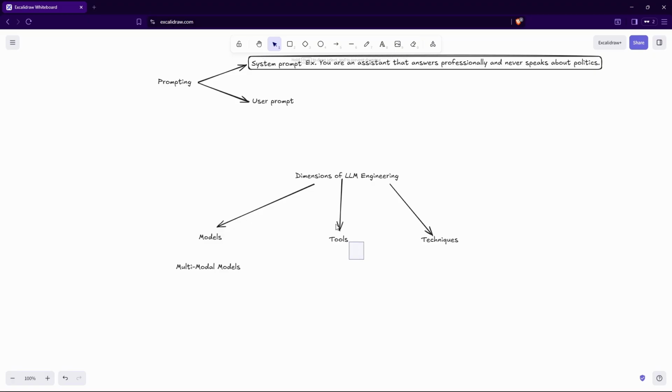Then you have the tools. This is where we will learn things like Hugging Face and LangChain. I haven't reached this part yet. And we have techniques, which include calling the ChatGPT or Gemini API. I'll show you some examples of that.